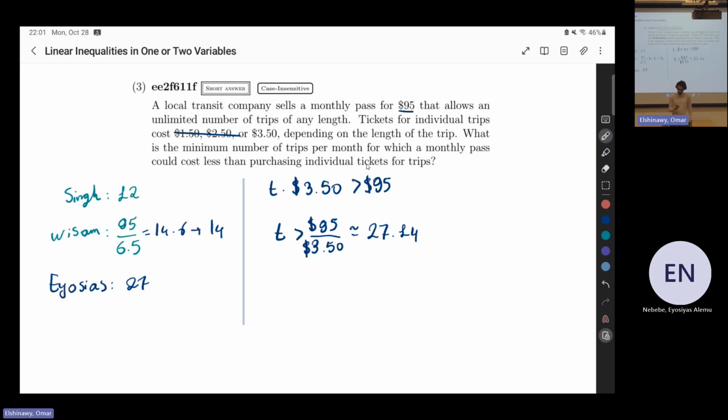Let's be careful. We want the number of trips for which the monthly pass costs less. How do we find the number of trips? So it's like 27.14.